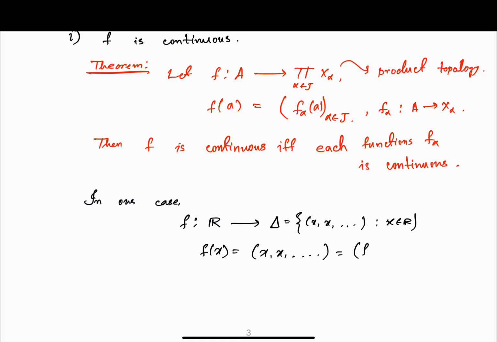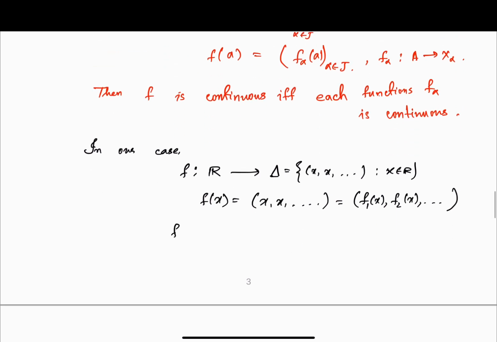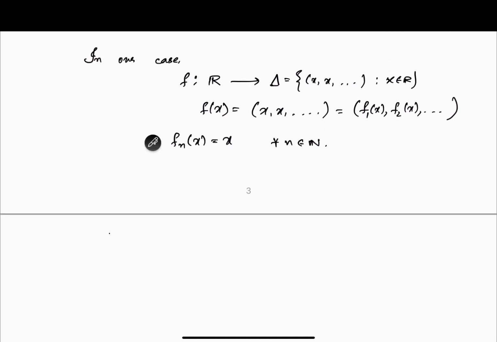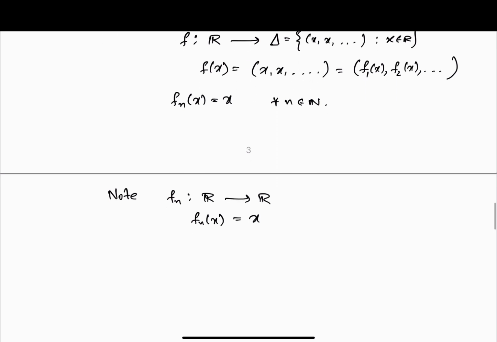So let me denote the coordinate functions f1(x), f2(x), so fn(x) is basically x for all n in the naturals, and note fn is a map from R to R. fn of x equals x, so this is clearly continuous for all n.